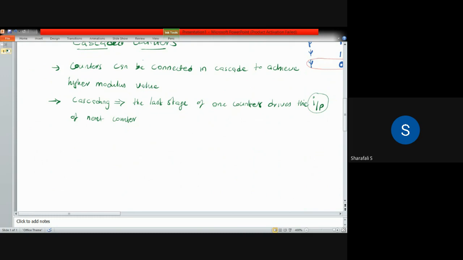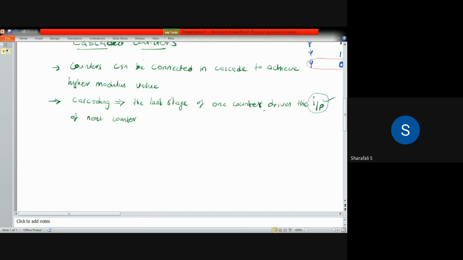Q0, I will draw that, or you can directly write that as a clock.